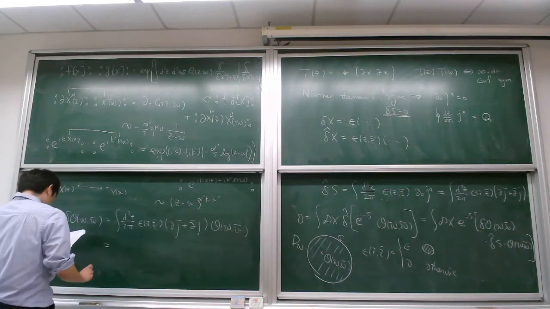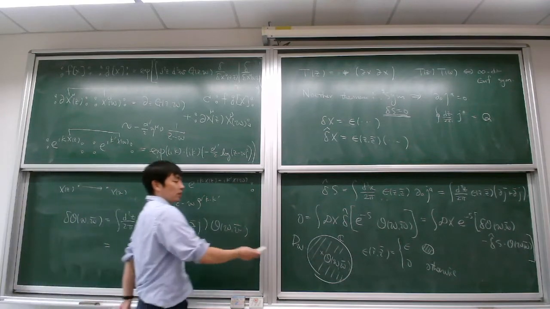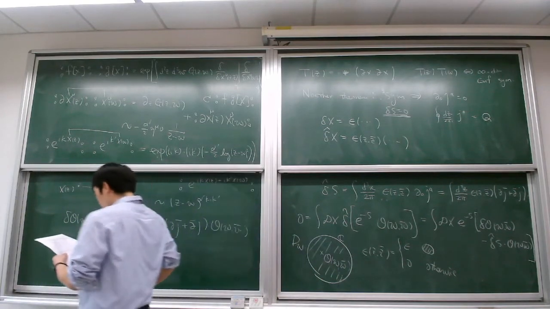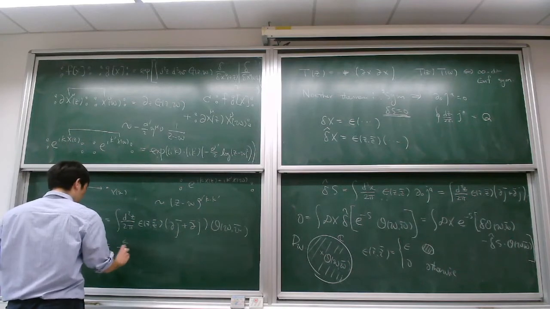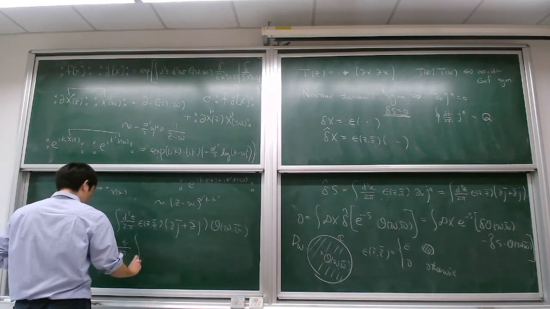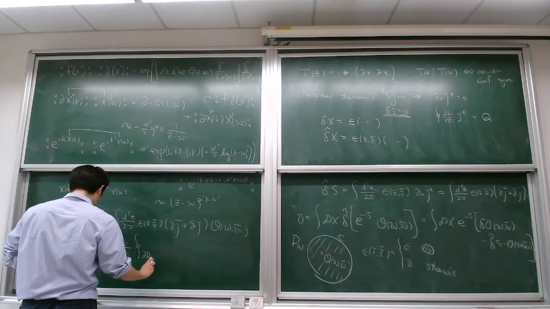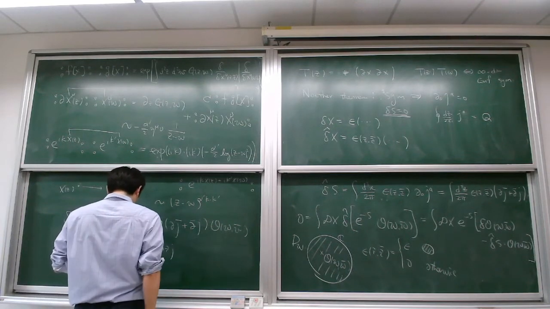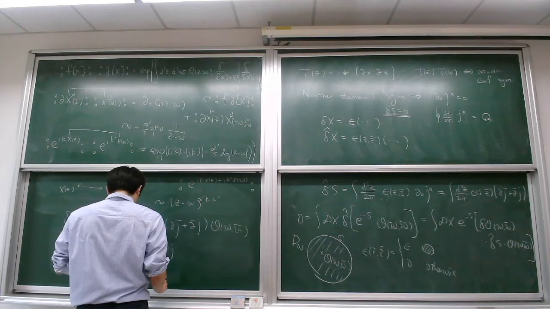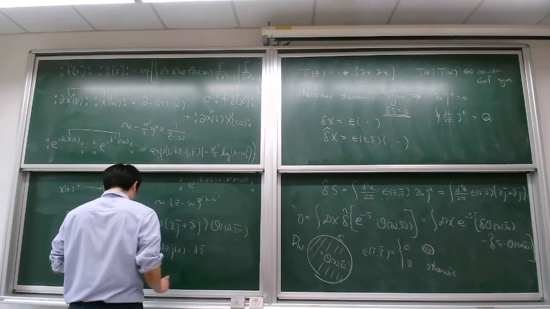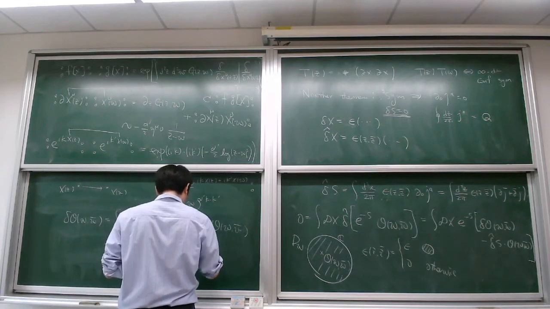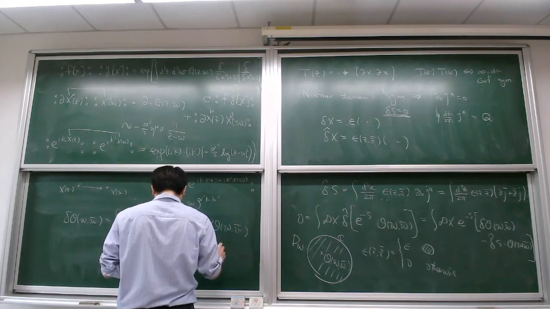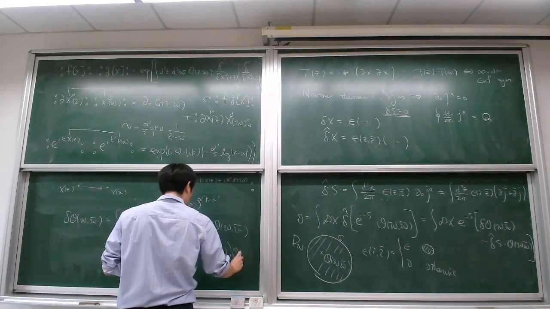If you take epsilon as this value, what you obtain is epsilon over 2 pi i, the integral over the boundary of the disk around w of dz j of z minus dz bar j bar of z bar, acting on the operator.